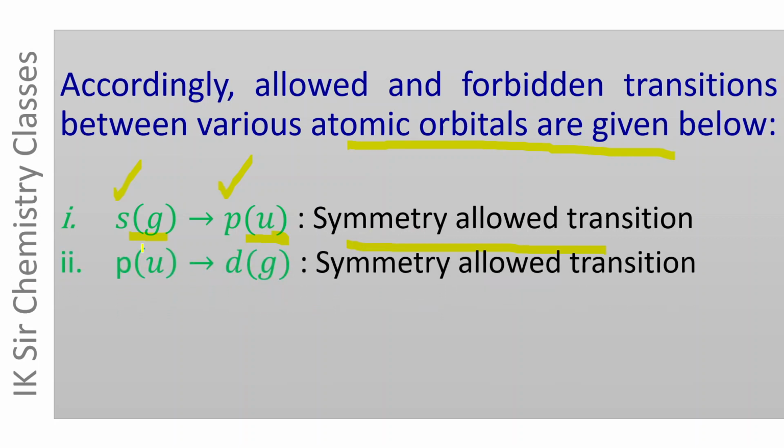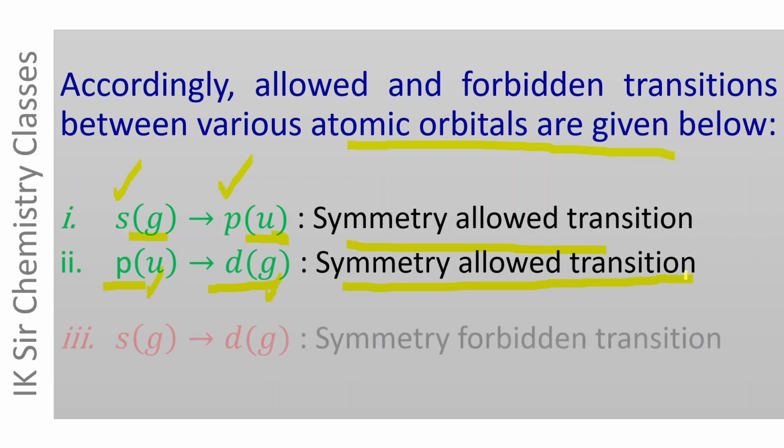On the other hand, the electronic transition from p orbital to d orbital also leads to change in parity of orbital. It involves ungerade orbital and gerade orbital, and hence it is also symmetry allowed transition.